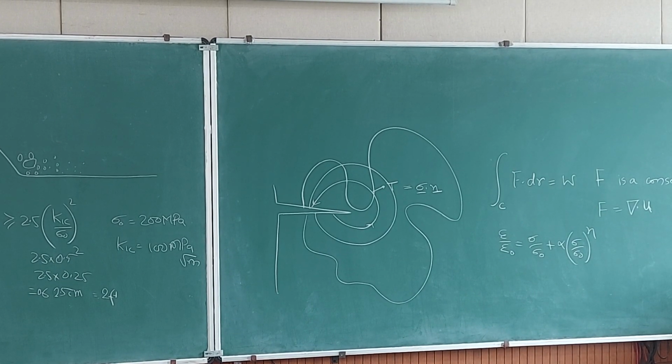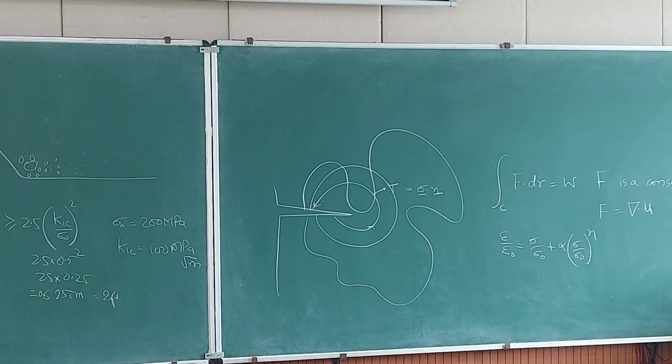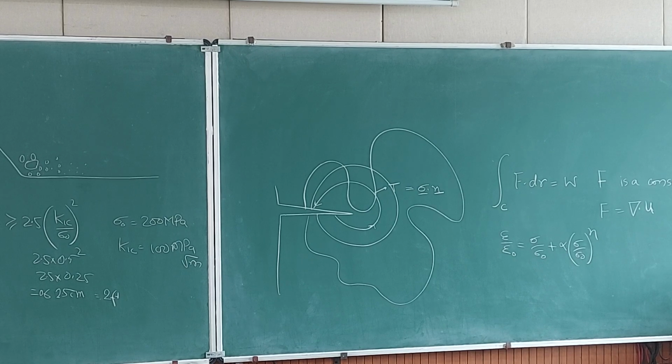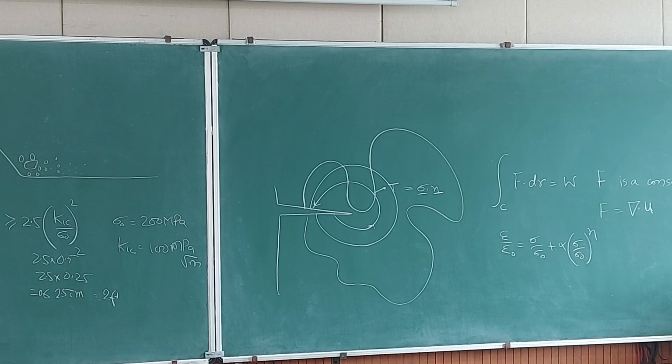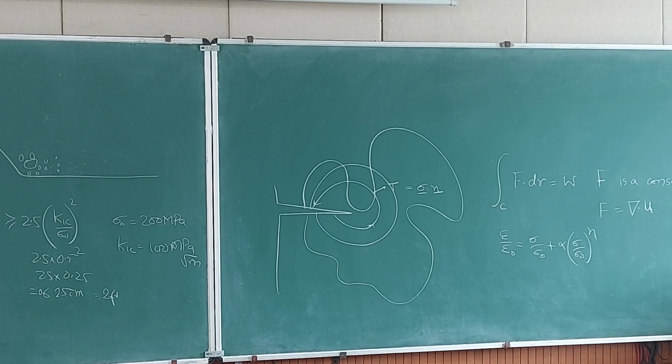When you relate stresses with strains in these kind of formulations, these are called constitutive relationships. The speciality of this equation is that for each value of strain you have one value of stress and vice versa. So it will always remain on this path.